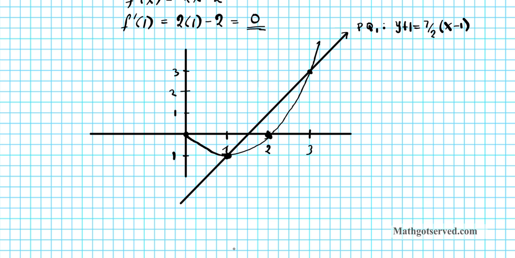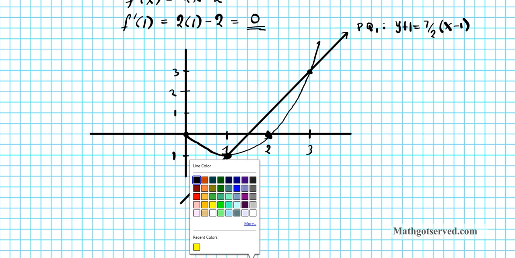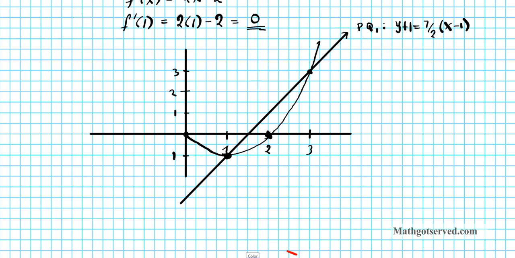And then the second secant line goes from 1 to 2. So let's make that red. All right, so it goes from 1 through 2. There goes the second secant line right there.